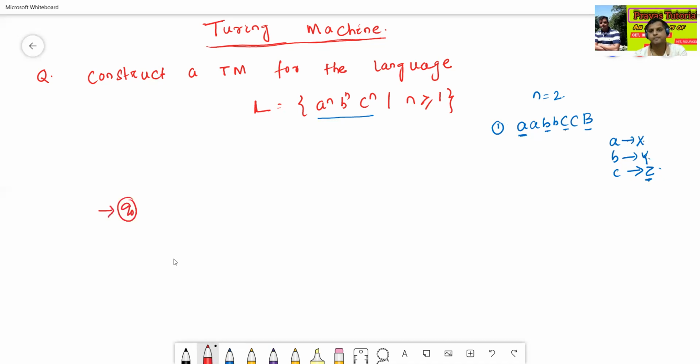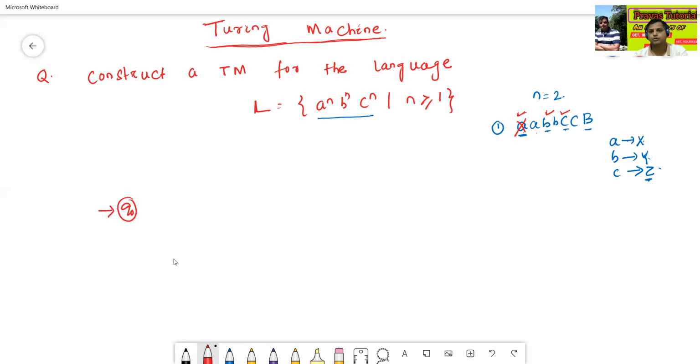Q0 reads A and writes X, because the Turing machine will read one A from all the A's, one B from all the B's, and one C from all the C's, in the first phase.